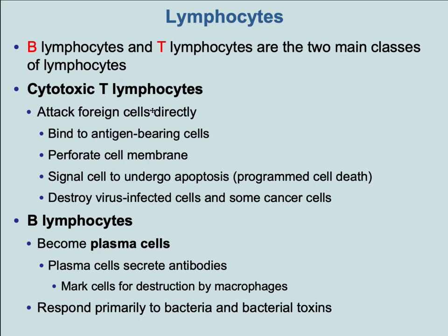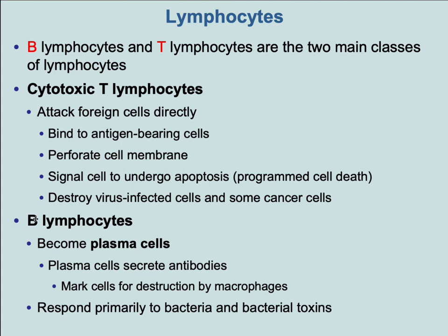When they encounter the foreign cell, they can attack those foreign cells directly. It causes those cells to lyse the membrane and then signal that cell to kill themselves. In such a way, it's able to destroy cells that have been infected by viruses and some cancer cells.